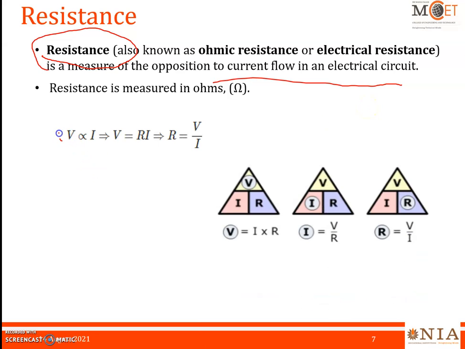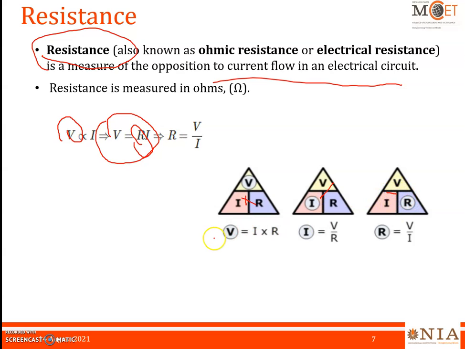We know that the voltage is directly proportional to current, so this can be changed into a proportionality constant, R into I, where R is resistance. Just keep the triangle in your mind. V is I into R, or I is V by R, or R is V by I.